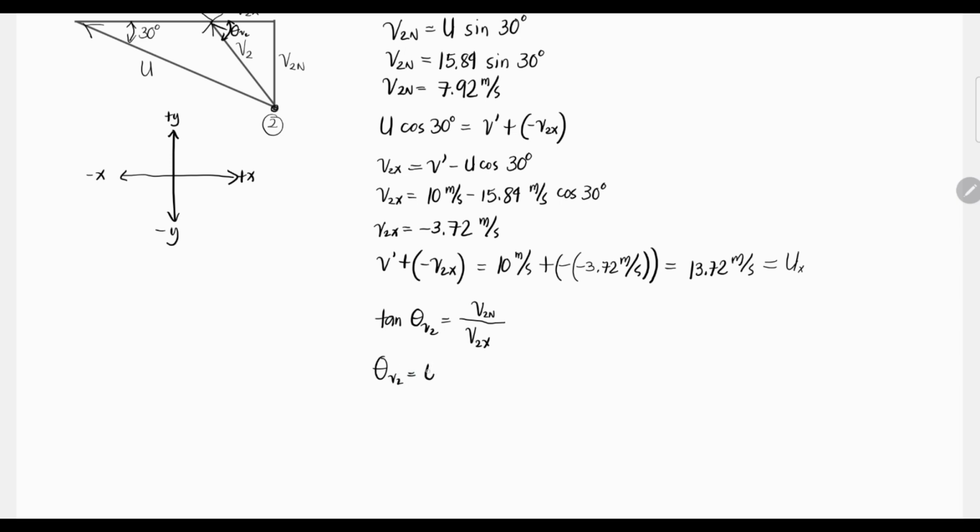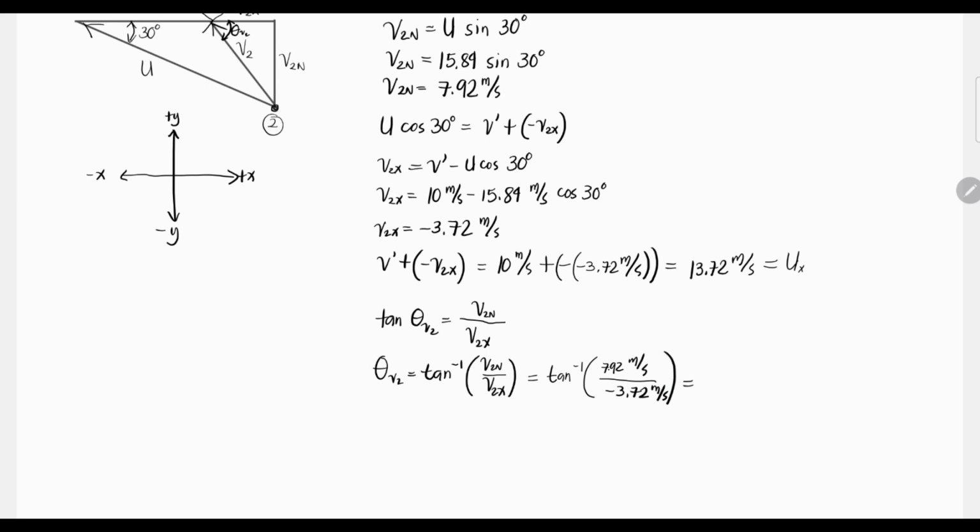Theta v2 is equal to tangent negative 1 v2n over v2x. So that is tangent negative 1, v2n, value nun ay 7.92 meters per second over the v2x, which is negative 3.72 meters per second.